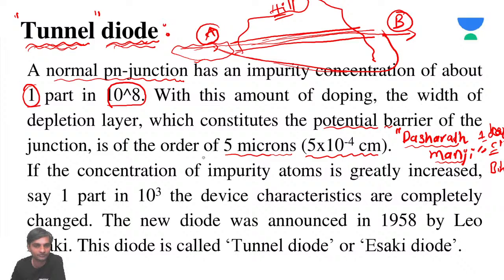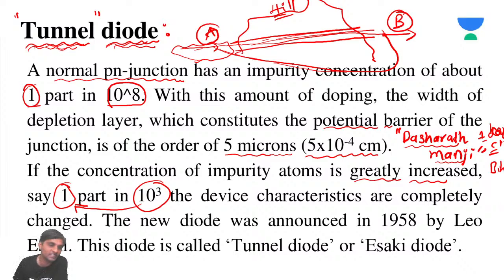Now, if the concentration of the impurity atoms is greatly increased, that is 1 part in 10 to the power of 3, for every 1000 atoms, 1 impurity atom is given, the device characteristics are completely changed. You may ask, sir, the Zener diode is also heavily doped.